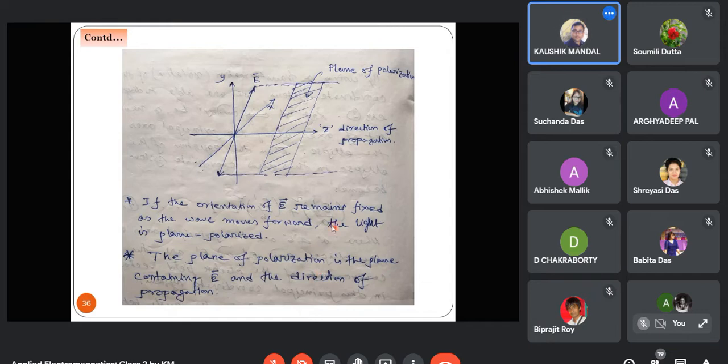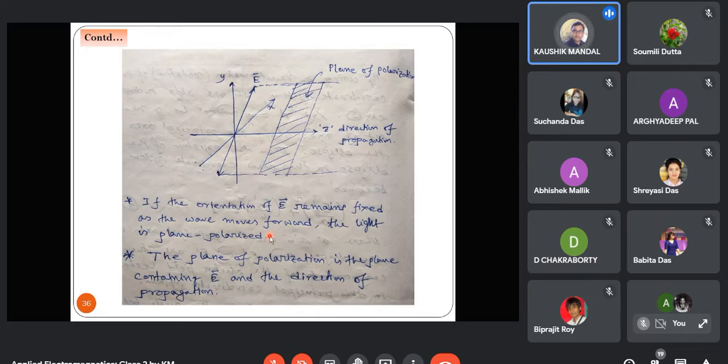Now, if the orientation of this electric field remains fixed, suppose the wave is moving in the z direction without changing the orientation of the electric field vector, then the corresponding electromagnetic wave or light wave will be called plane polarized, or also known as linearly polarized.